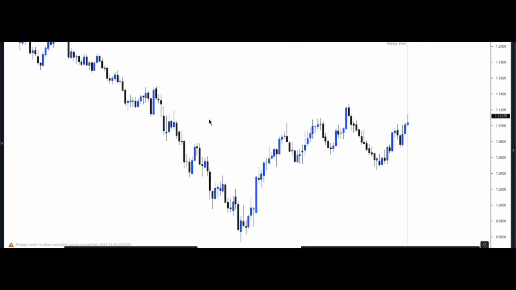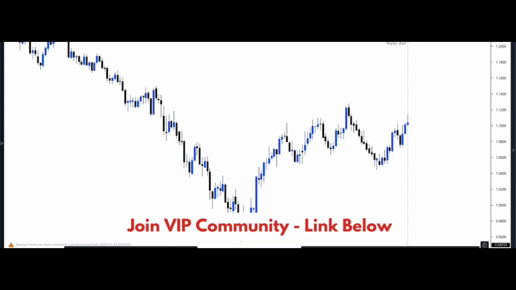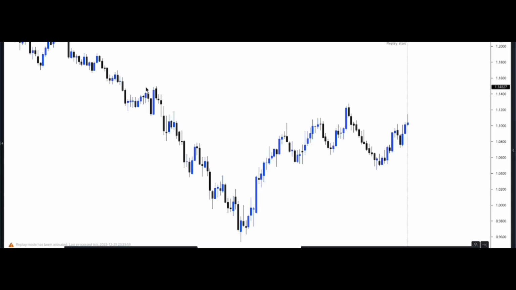As you can see, we have a low here. Why is this a valid low? It is a valid low because it has taken out inducement. Without inducement, don't buy or sell. So inducement is taken out there.